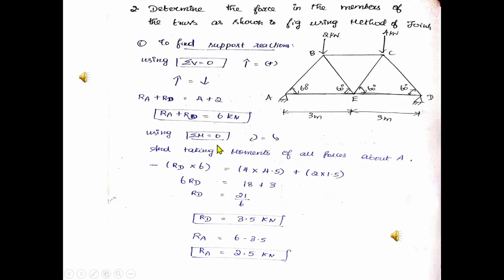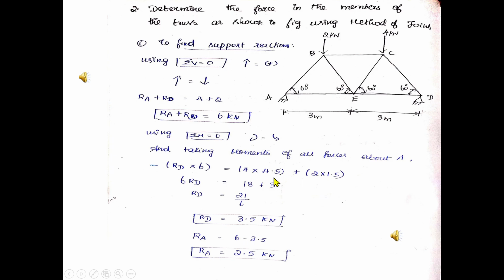Then using sigma M equal to 0 and taking clockwise moments as positive, and taking moments of all forces about A, we have this 2 kilonewton. If you produce the line of action, and this is 60, this is 60, therefore this will act at the center, that is 3 by 2, 1.5.